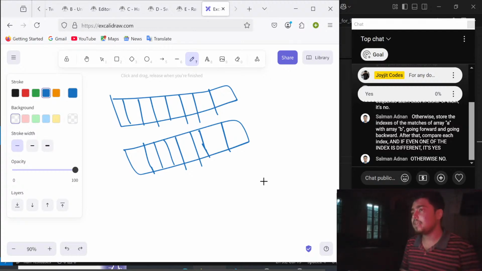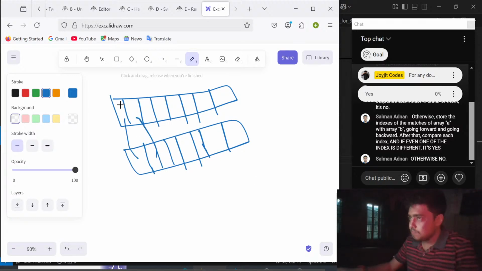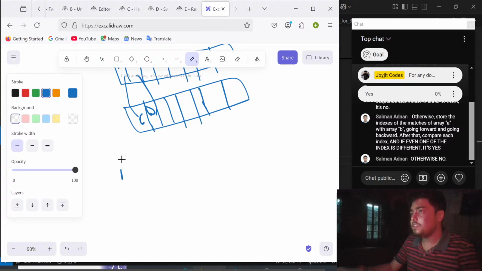See, the thing is that if you know that this plus this is equal to this plus this, let's say this is A and this is B and this is C and this is D, which means that A plus C is equal to B plus D, right?